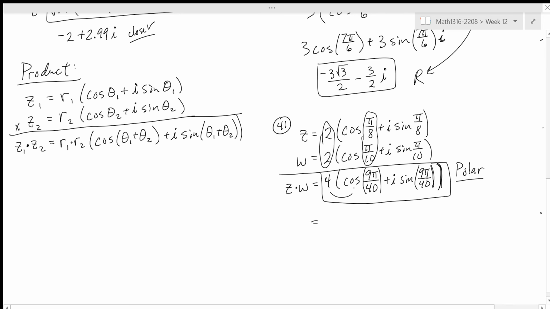What is 4 cosine 9 pi over 40 to 2 decimal places? Megan? And in a separate calculation, you're going to have to do 4 sine 9 pi over 40, to 2 decimal places.